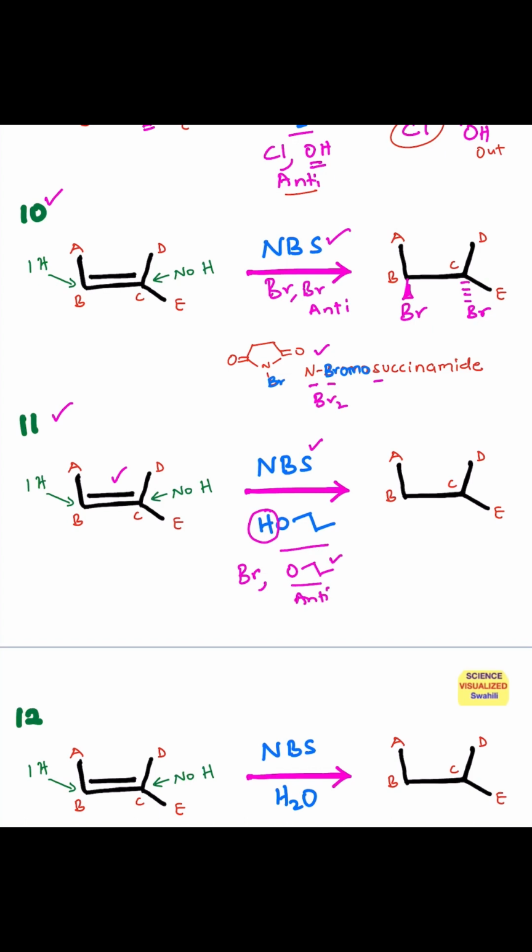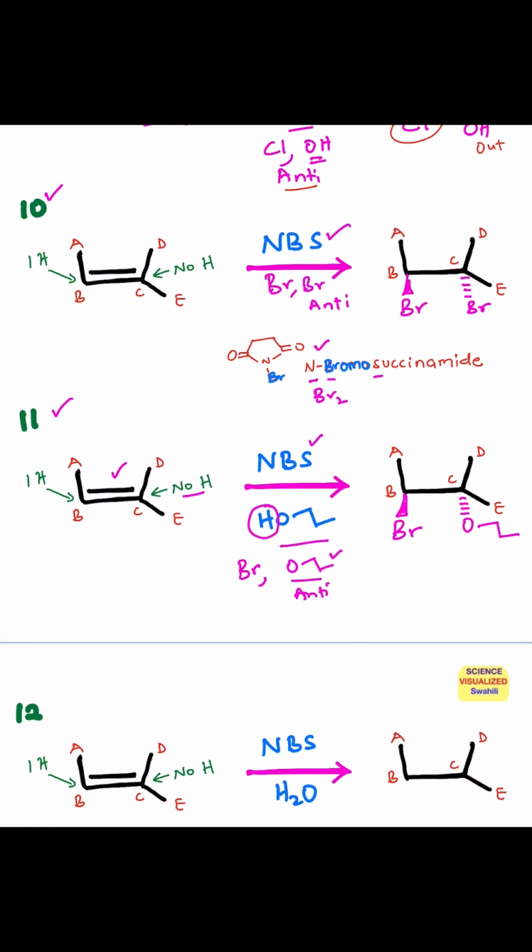So the alkoxy group adds to the carbon with the least hydrogen, so carbon with no hydrogen C, and then the bromine will add to the carbon with the most hydrogen. And remember, the addition is anti. It goes through a bromonium ion intermediate if you write a full mechanism.